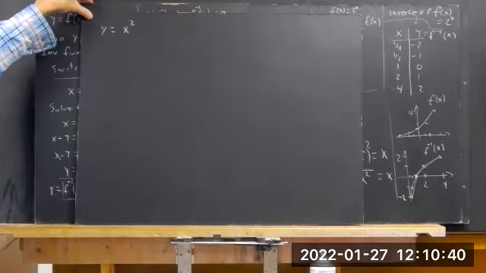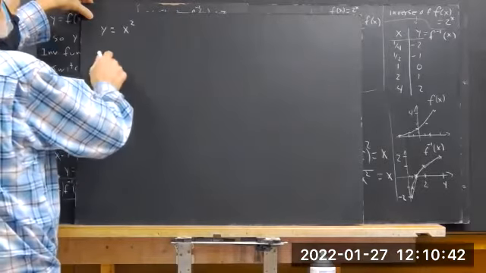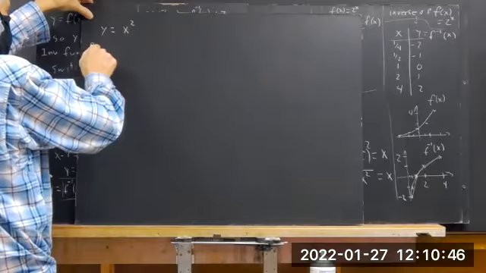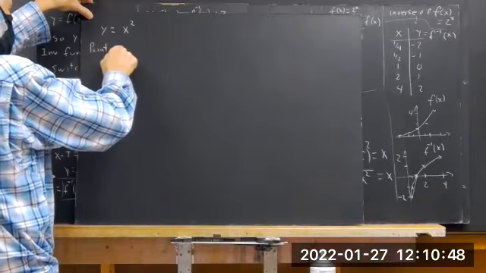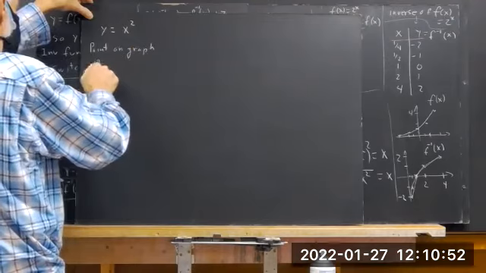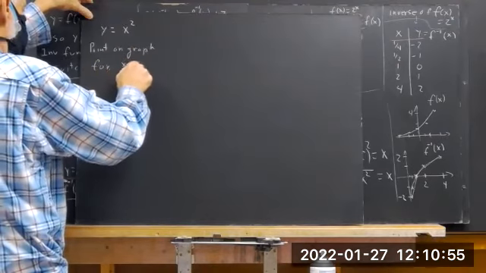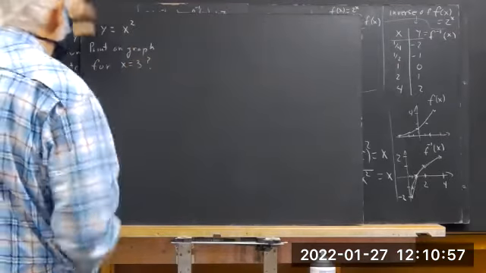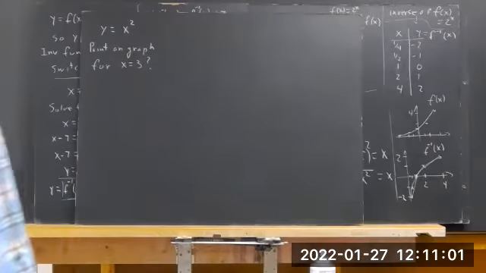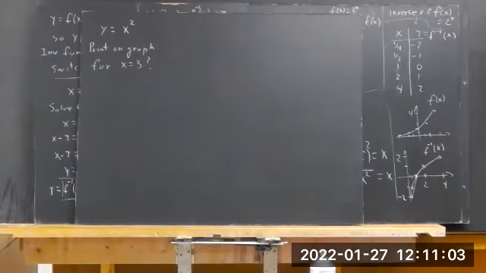Let's take y equals x squared. What point goes on the graph if x equals 3? 9.